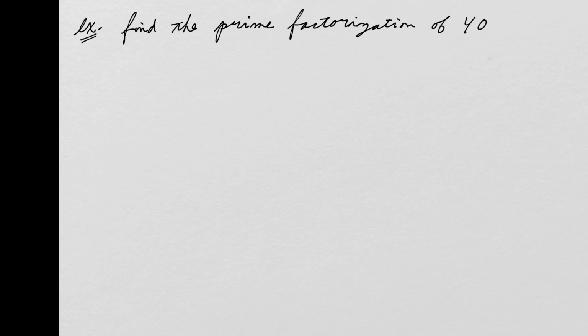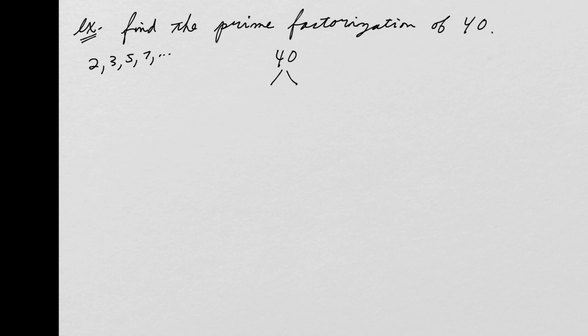So 40 is a composite number, right? It's not already prime, but we just learned that it can be written as a product of prime numbers, okay? So the way I do this, again, is like with a tree. I branch off of 40, and there's two possibilities, right? Now remember, the prime numbers are 2, 3, 5, 7, and so on. There's several ways you can do this factorization. The way I like to do it is I always start with the lowest prime number, 2. Does 2 go into 40 evenly?